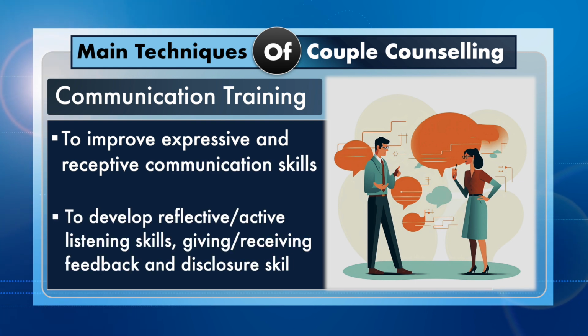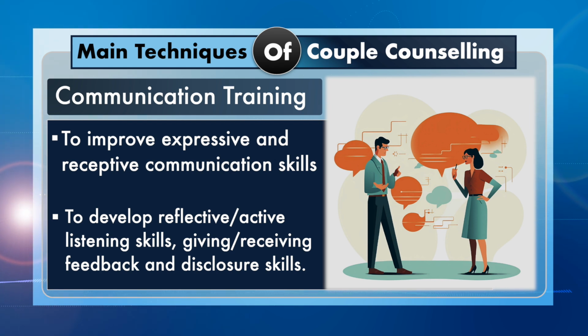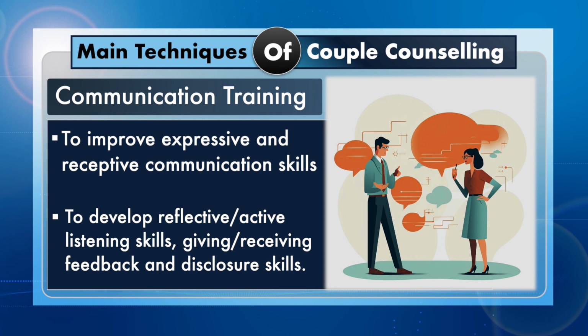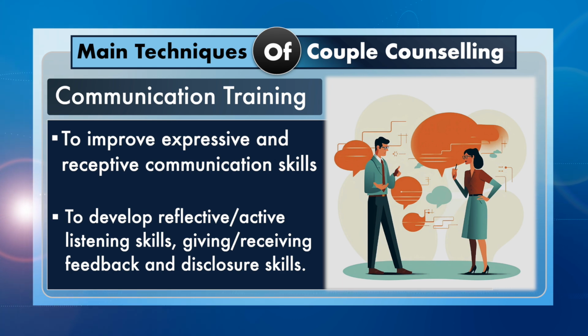The couple is taught to improve their expressive and receptive communication skills to help them communicate more directly and clearly to each other about their feelings, about their plans, their thoughts, and their perceptions. The couple is also trained in developing reflective listening, active listening skills, giving and receiving feedback, and disclosure skills.